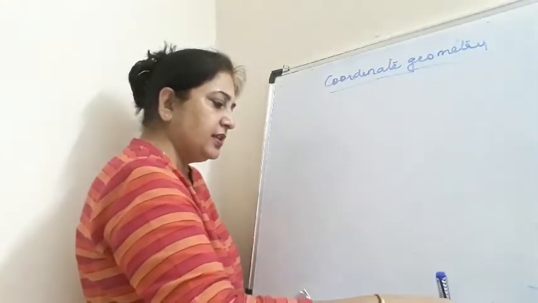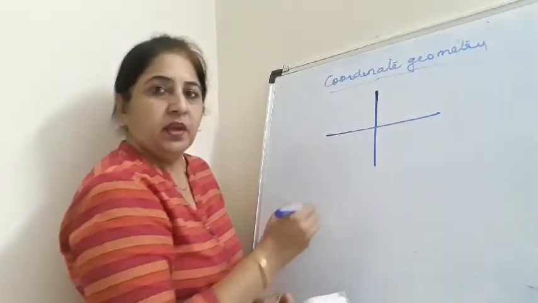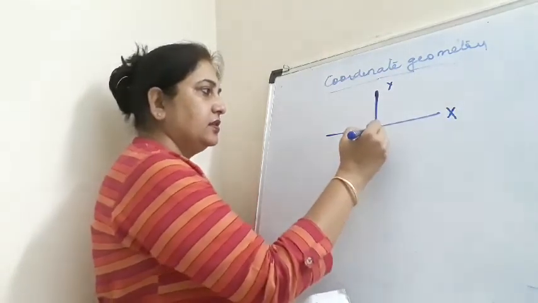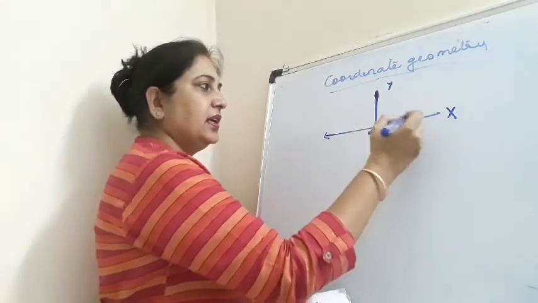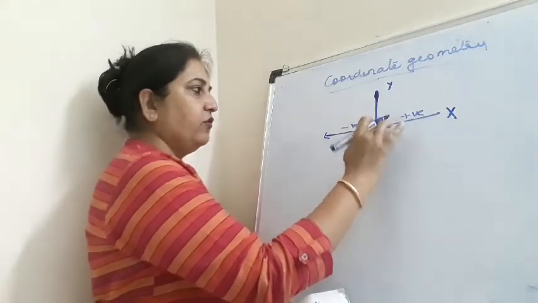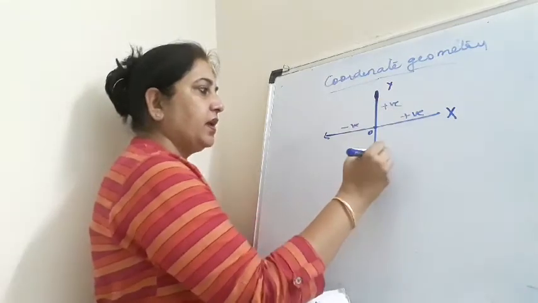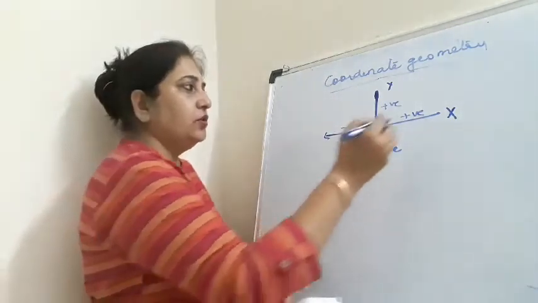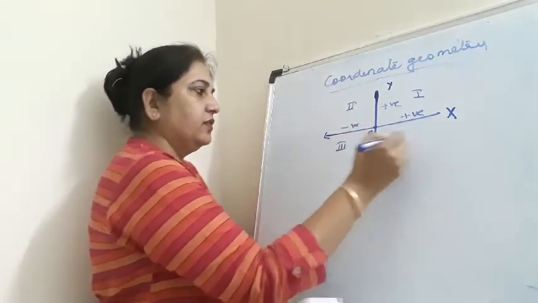Suppose this is y, this is x, and this is the center point. This side is the positive side of the x-axis, this is the negative side of the x-axis, then this is the positive side of the y-axis, and this is the negative side of the y-axis. I told you that there are four quadrants, 1, 2, 3 and 4.